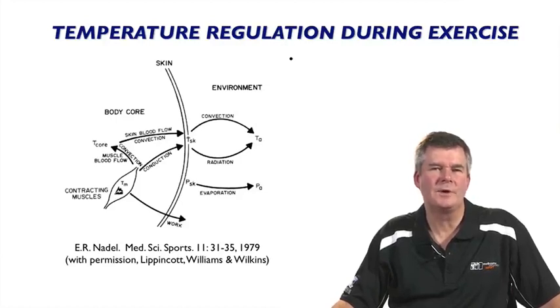There are a number of physical processes that are involved here: conduction and convection, radiation, and the evaporation of sweat. Conduction and convection really refer to the movement of air or water in the case of swimming, and contact.